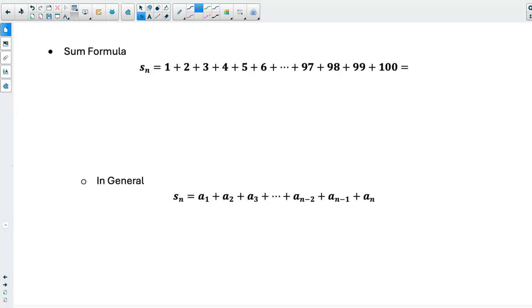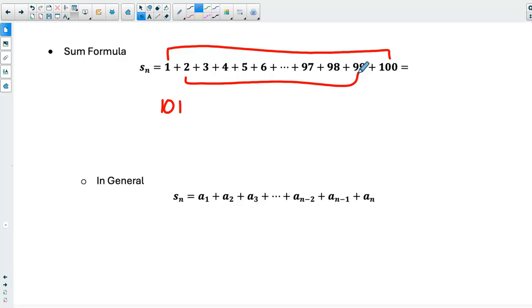So, if I asked you to add up the first 100 digits, you can do that just like that. And it comes down to this. You can pair things together. So we did this at the beginning of the year. We paired 1 and 100, and when I add that together, I get 101. If I go 2 plus 99, what do I get? I still get 101. What about 3 and 98?